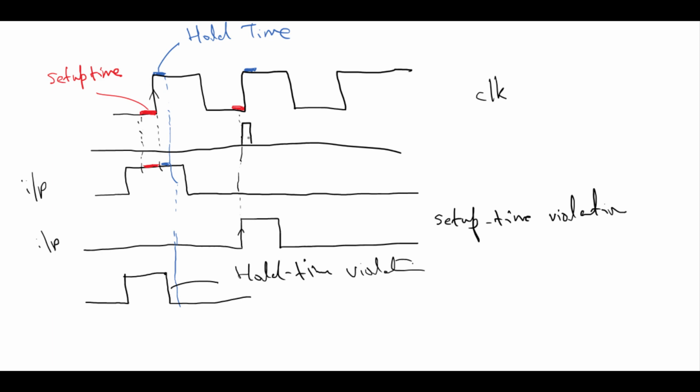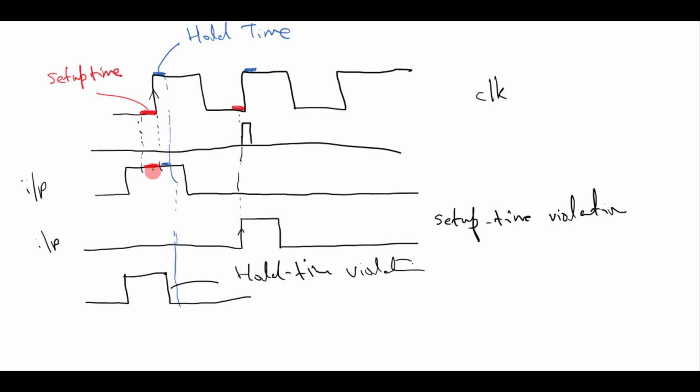In order to operate your sequential machines, such violations should not occur. Setup time and hold time both are constraints on your sequential circuits. Setup time is a constraint that your data must be stable within this interval, whereas hold time constraint is a constraint that your data must be stable within this hold time interval.